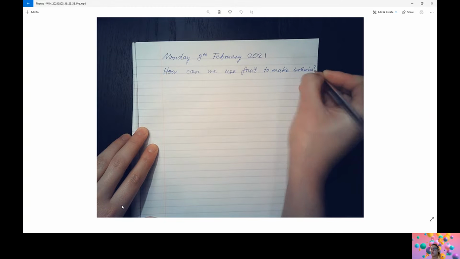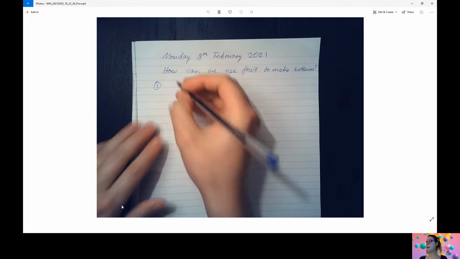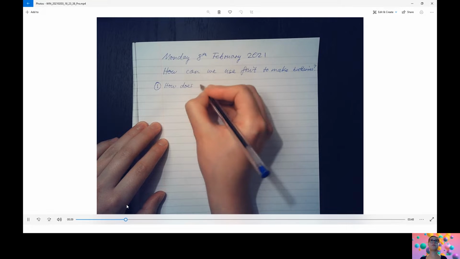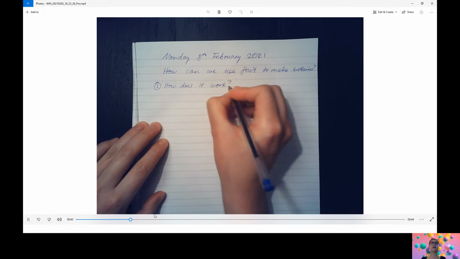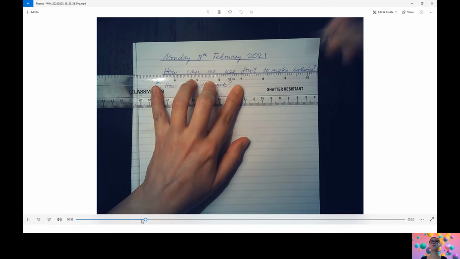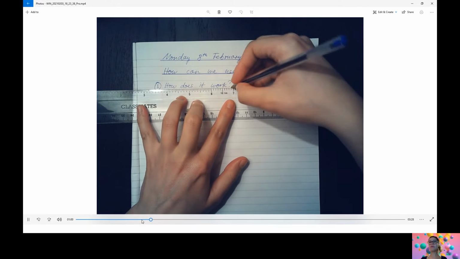And then the question, which is question 1, is, how does it work? Now, using a ruler to underline it all, to keep our presentation neat as we would in school.